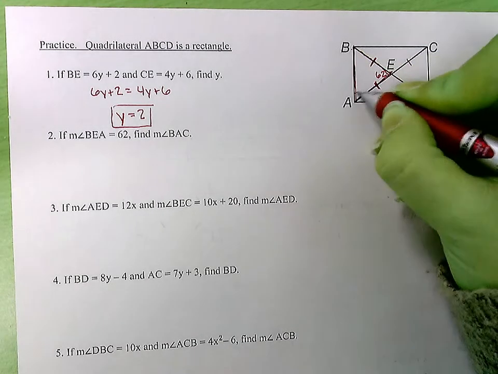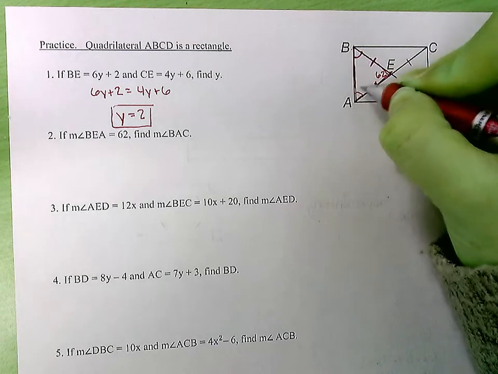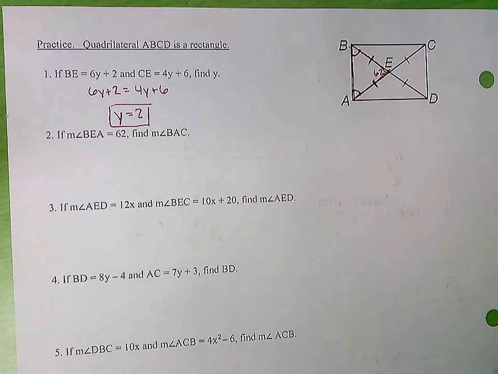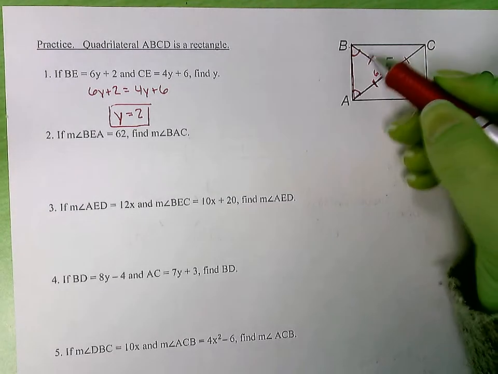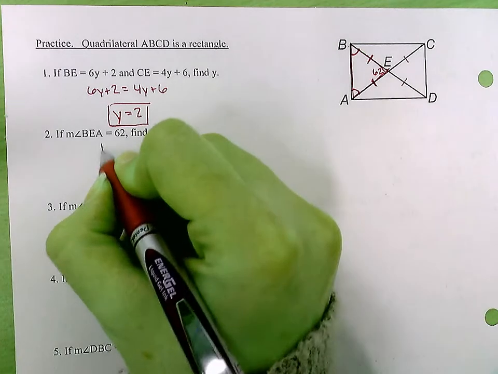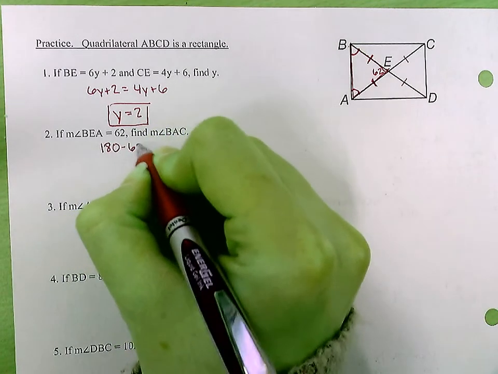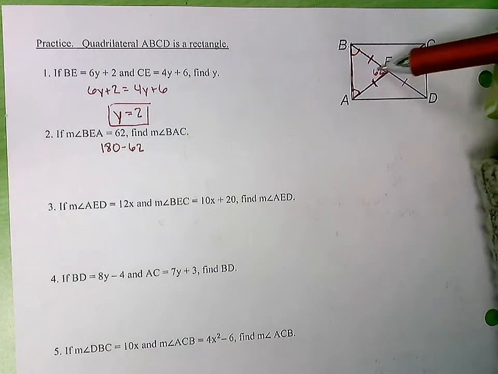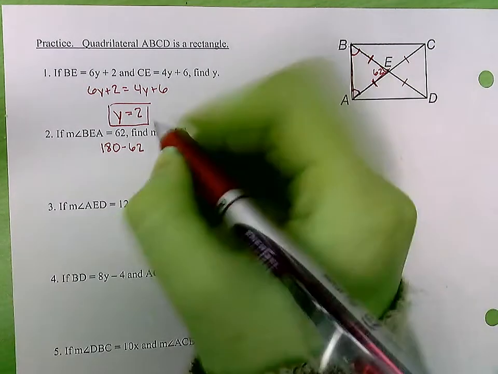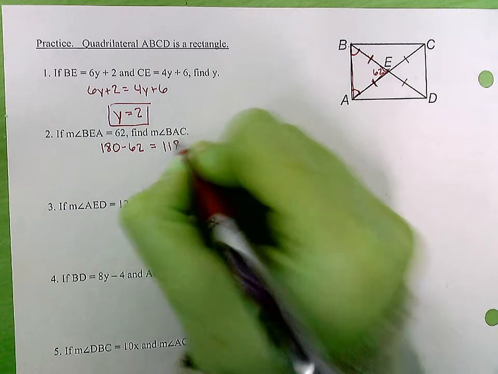That means its opposite angles are congruent because it's an isosceles triangle. Now to find one of those angles, I can take 180 and subtract 62 since all three have to add to be 180. When I do that, I get 118.